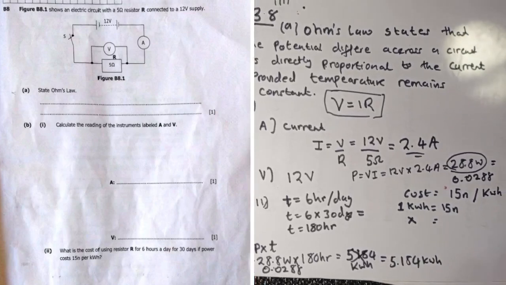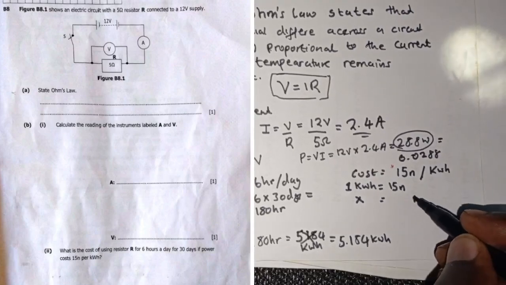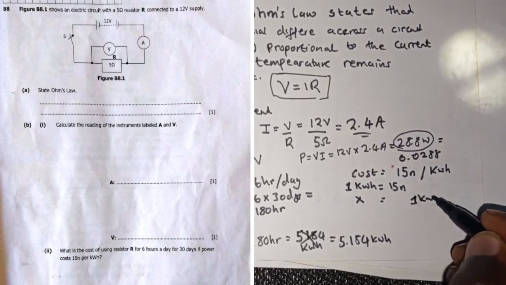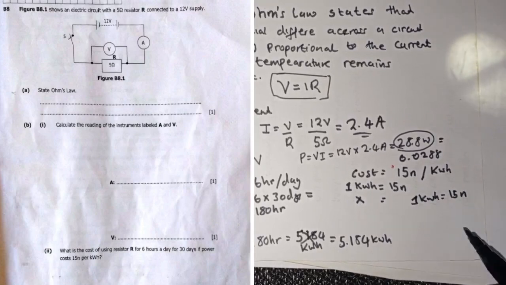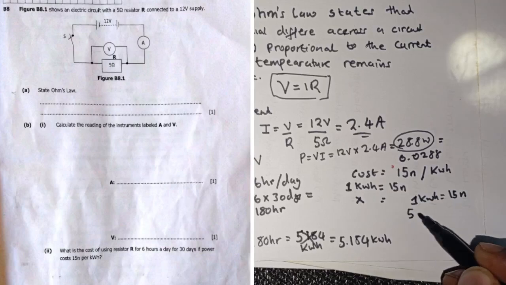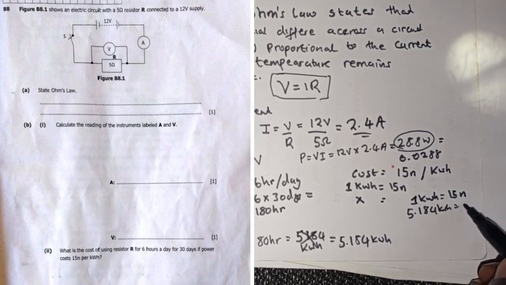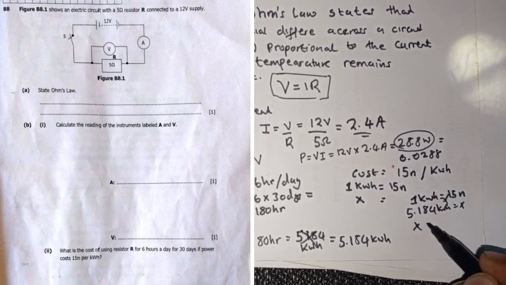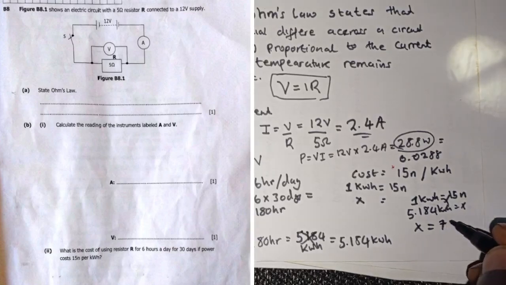That's the kilowatt hour. So now let's do it from here. 1 kilowatt hour is equal to 15 ngwe. What about 5.184 kilowatt hour will be equal to x? So x here will simply be, we multiply this by 15, we get 77.76.